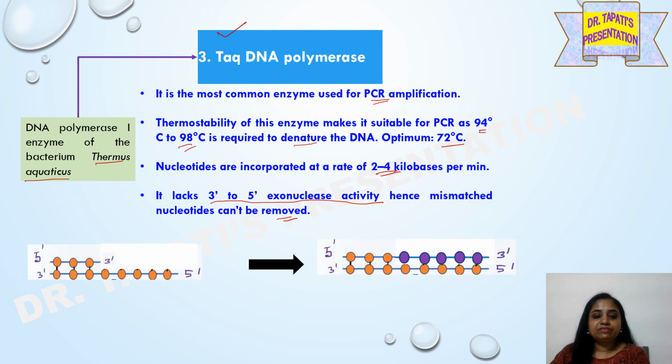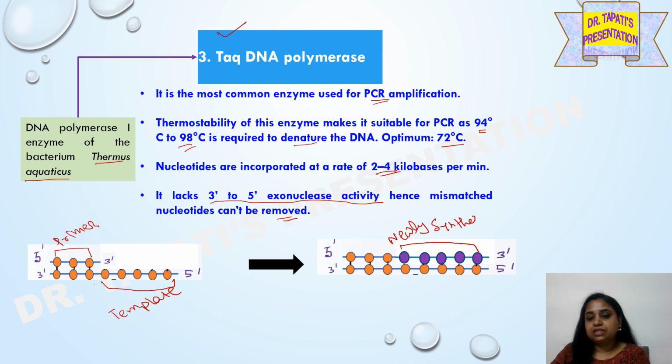Now, if you consider this figure, this is the primer because this enzyme needs a primer, and this is the template. Due to the action of Taq DNA polymerase enzyme, this is the newly synthesized DNA strand.